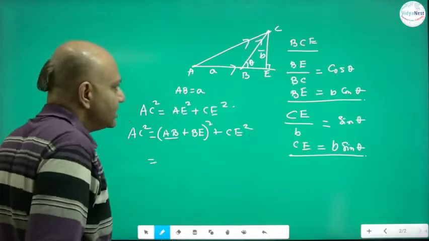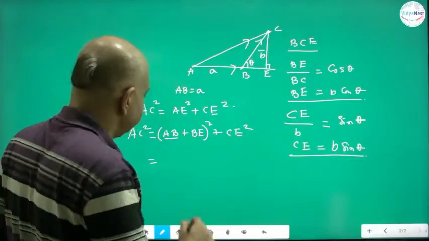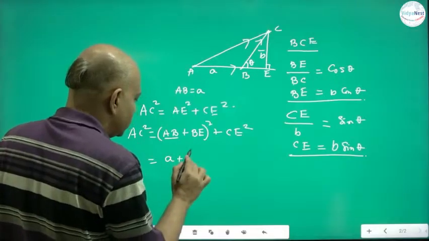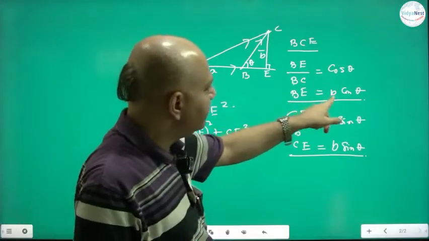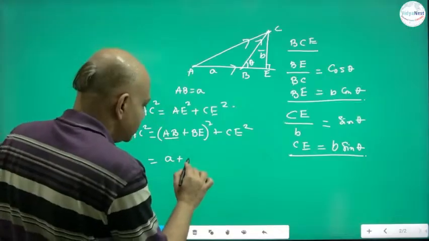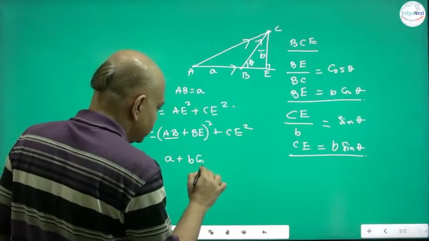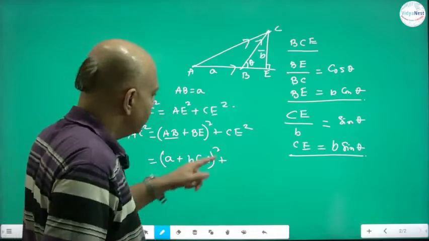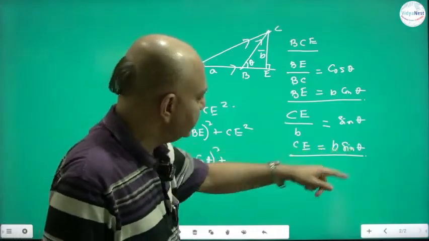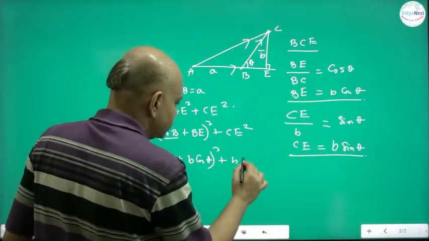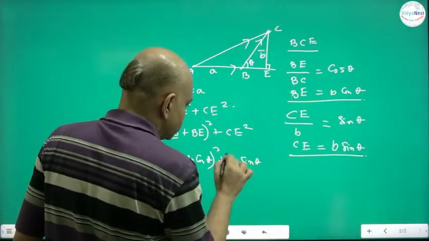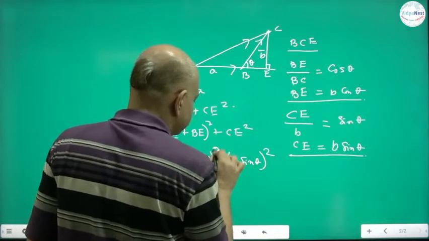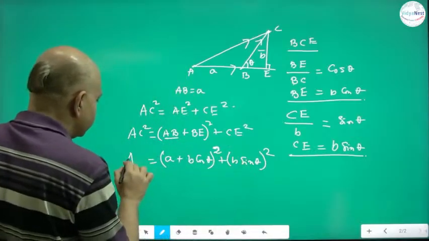AB, what is AB? It means A. BE, that is B cos theta. Plus, what is CE? That is B sin theta, square. That is AC square.